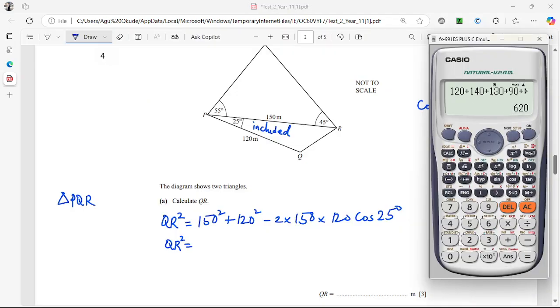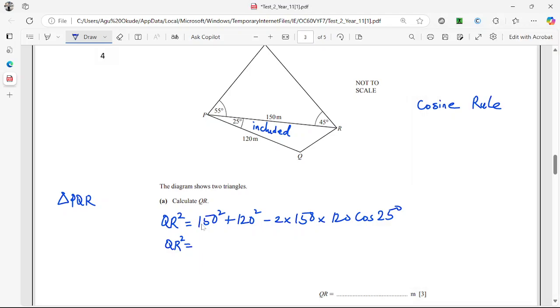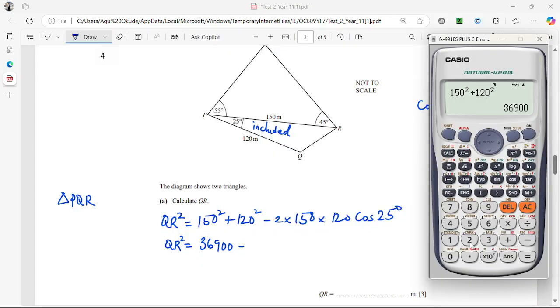Now I'm going to solve 150 squared plus 120 squared together. So I'm going to have 36,900. Now minus, I'm going to solve this one together as well: 2 times 150 times 120 times cos 25. So I'm solving those together, and I have 32,627.08.